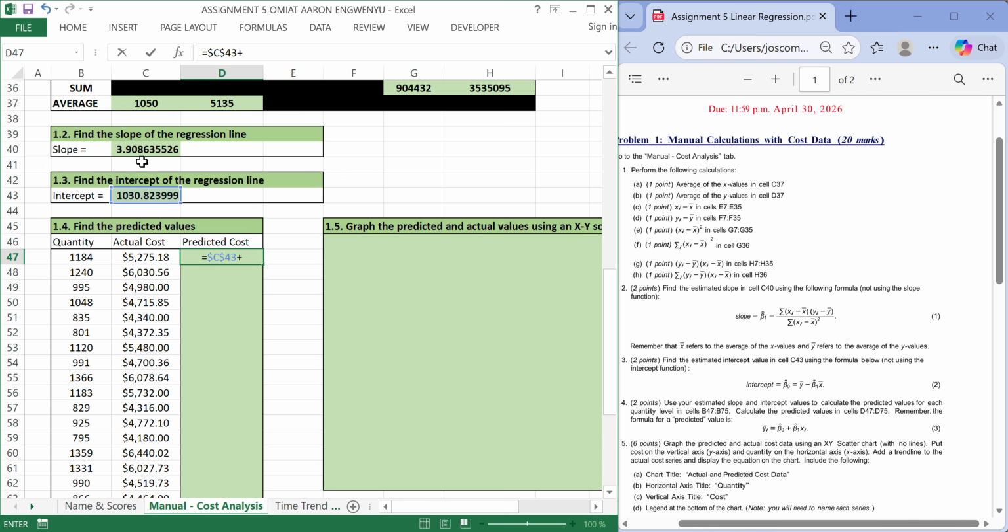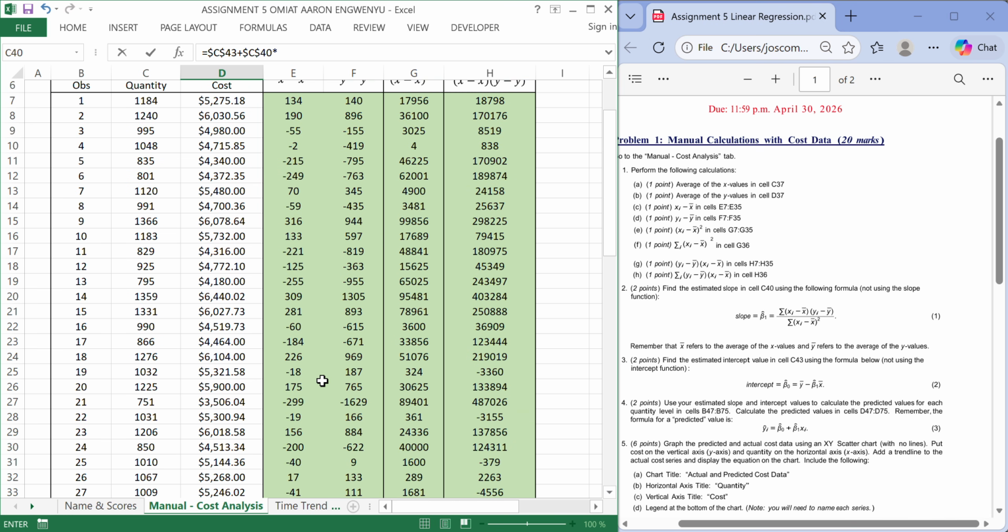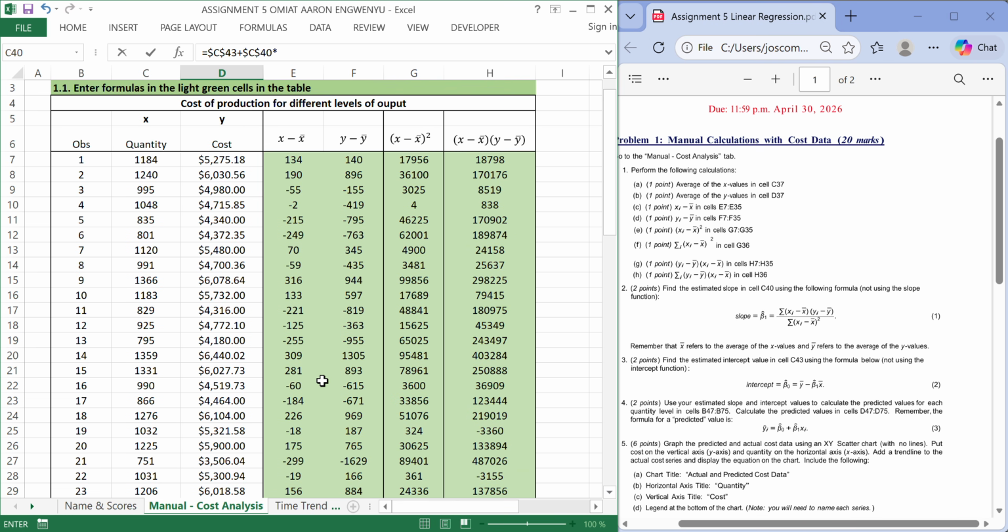Our b1 was the slope. Same thing, absolute, I will just press F4. We are working against time, and times what's missing, I see here the xi. We'll go and pick the x value, xi. Is that the actual cost? I think, let's see. Xi is the quantity.